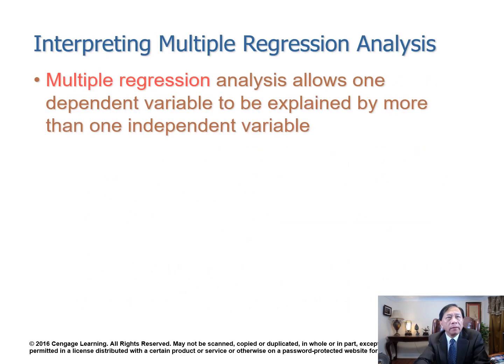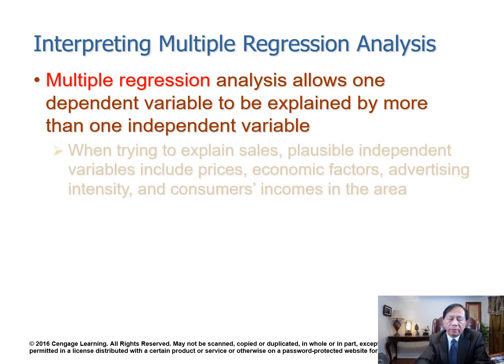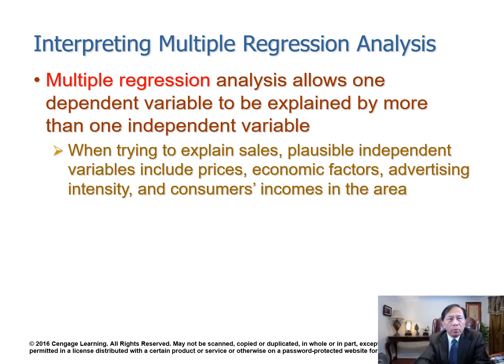For multiple regression analysis, even though it's not required for you to do in this class, multiple regression analysis allows one dependent variable to be explained by more than one independent variable. When trying to explain sales, for example, what are the possible factors contributing to sales?